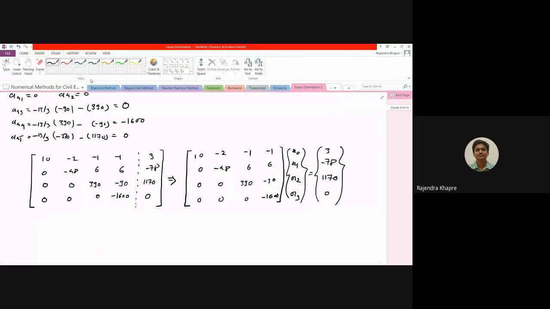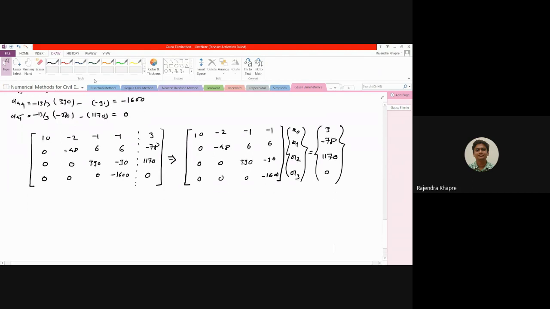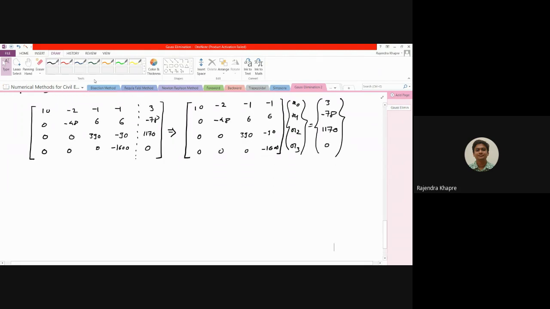Now we will go by the method of back substitution. Method of back substitution means we have to go in the reverse order. So in the reverse order, I am going for the last row multiplication with this column, and it should give me this 0.